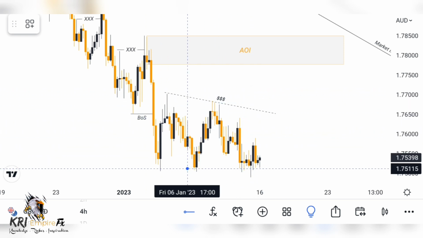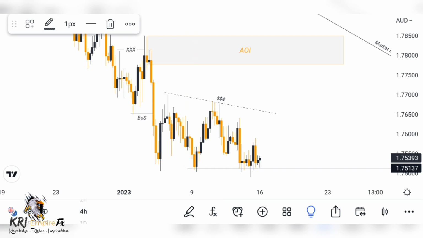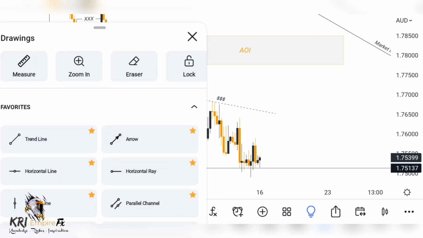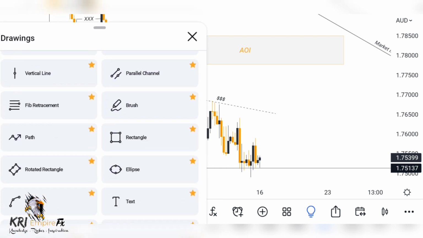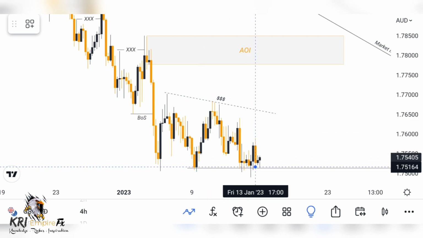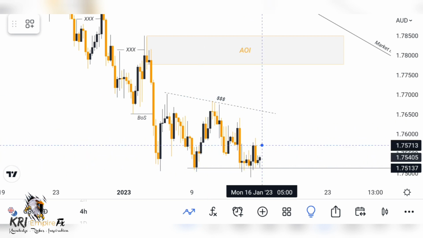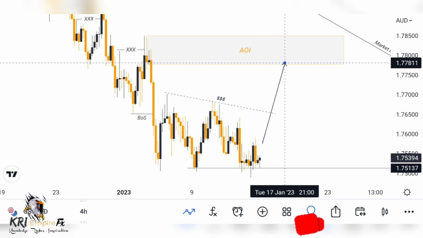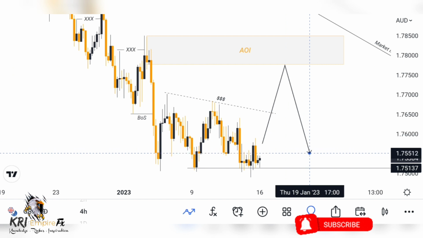So if I was to trade this, I would wait for price to come back to this area, maybe do something like that, and come back here.